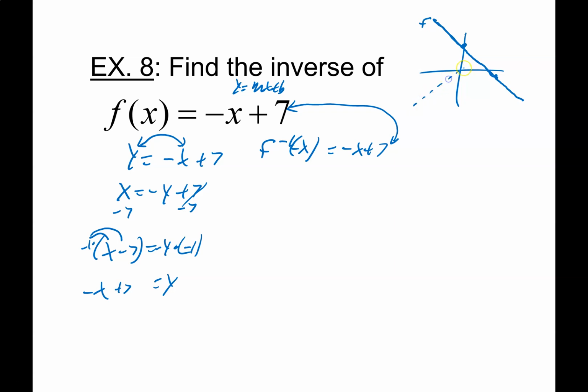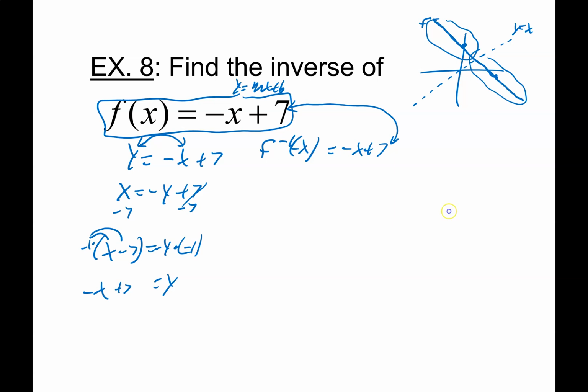If I were to draw the parent function, y equals x, the original function itself gets cut in half across the line y equals x. It has symmetry across it. So yeah, it is possible for f inverse and f to be the same function. So some functions can be their own inverses. It's a little creepy, but possible.